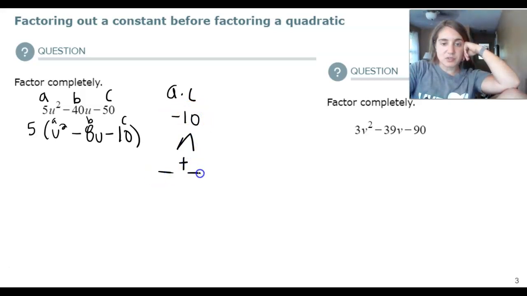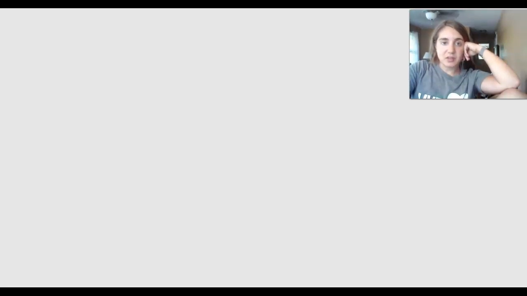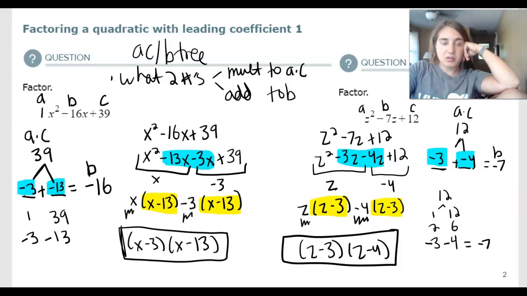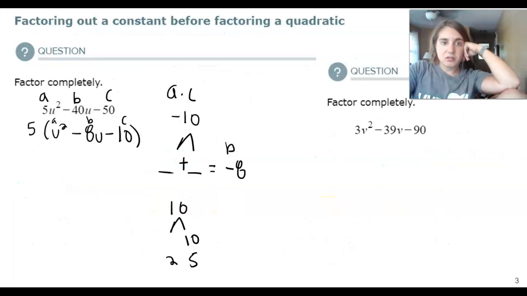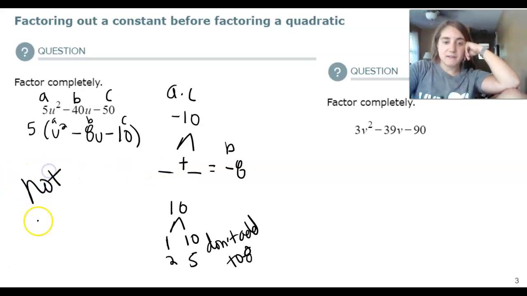Let's think what two numbers multiply to negative 10, but add to my B of negative 8. So if I think of my factors of 10, I have 1 and 10, 2 and 5. None of these add to 8. So because they don't add to 8, or negative 8, this is not factorable.